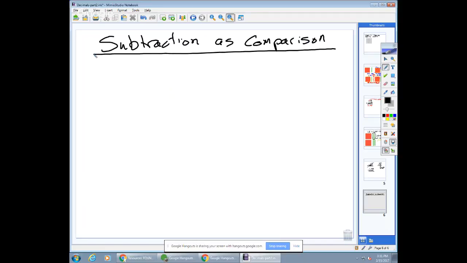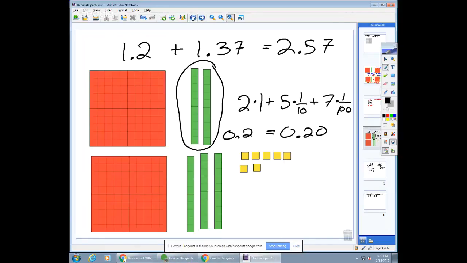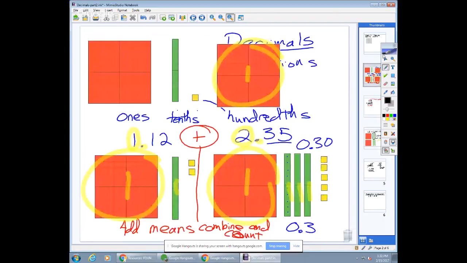That means if somebody gives me a problem like 1 and 5/10, and we want to subtract from that, let's say 3/10. First, build that as a comparison, which means you have to show both 1 and 5/10 and 3/10 at the same time if it's a comparison. And let me grab my toys. There you are.